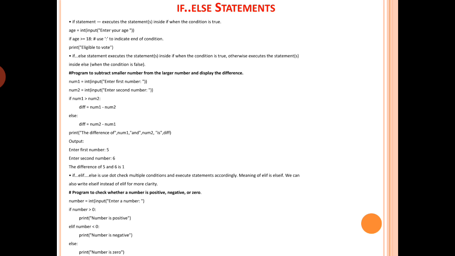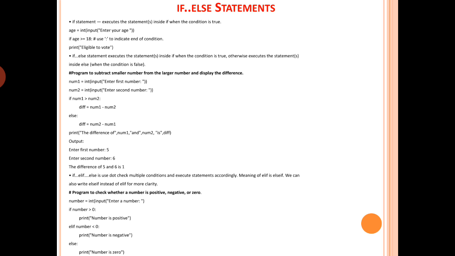First is the if statement. It executes the statement inside if when the condition is true. For example, here the code is given. Age is the variable in which we are just storing the age of a person.